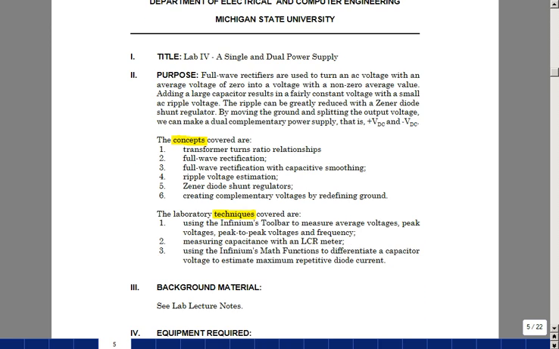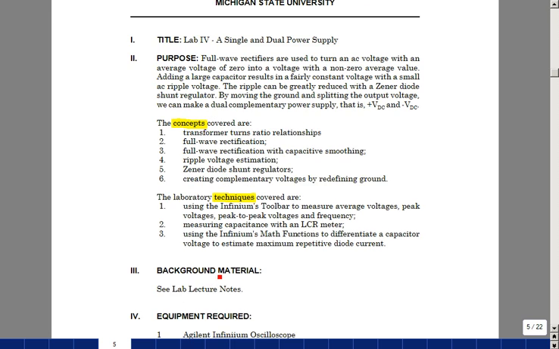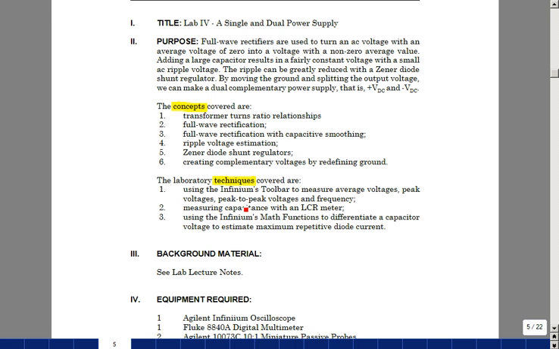The concepts covered in Lab 4 are transformer turns ratio relationships, full wave rectification with capacitive smoothing, ripple voltage estimation, Zener diode shunt regulators, and creating a complementary supply by redefining ground. As far as techniques go, we're going to use the Infinium toolbar to measure average voltages, peak voltages, and peak-to-peak voltages, as well as frequency.